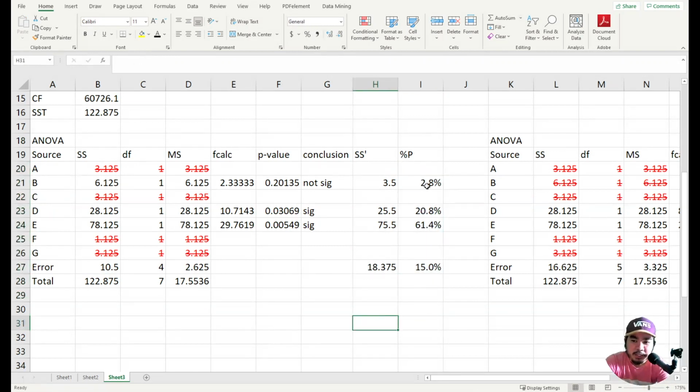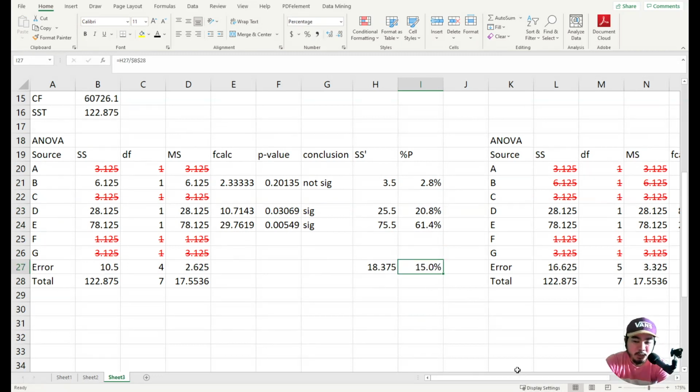So we can say that 2.8% is contributed by B, which is a non-significant factor. Then 20% is contributed by factor D. 61% of the variation is due to factor E, and lastly 15% is due to error, or noise, so to speak.